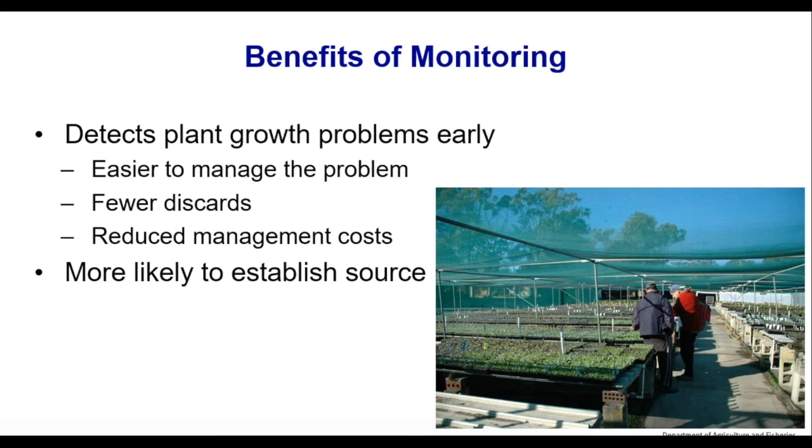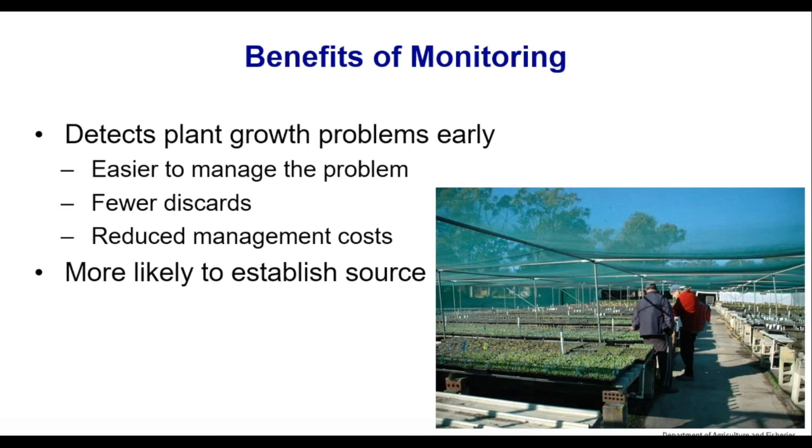When you monitor, detecting the problem early means that it's easier to manage that problem. You have fewer discards, reduced management costs. You're more likely to establish the source of the problem and then be able to take actions accordingly. Did it come from your supplier? Did it come from the mother stock? Did it come from the neighboring plants?